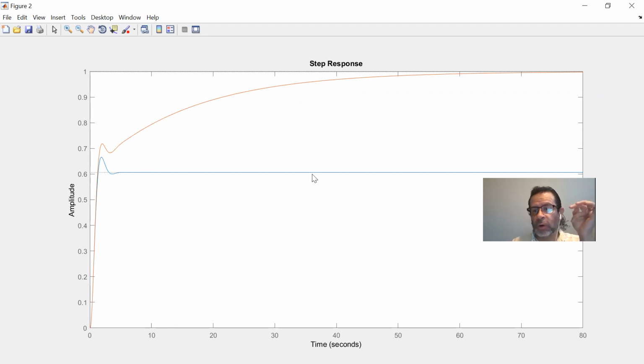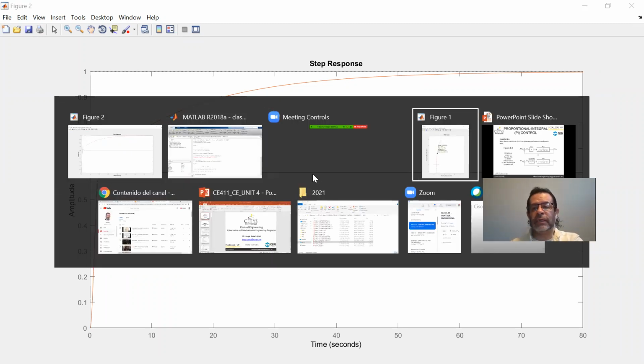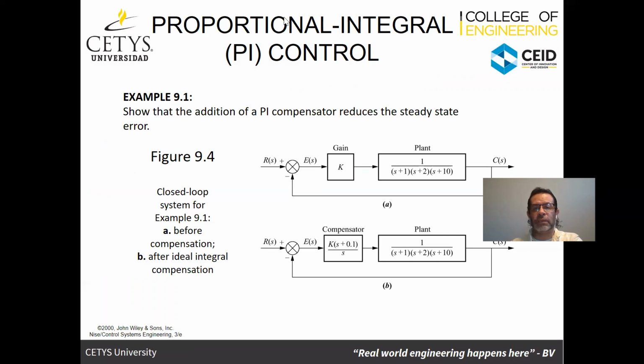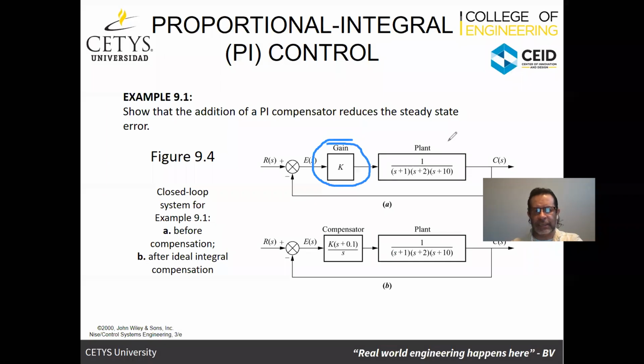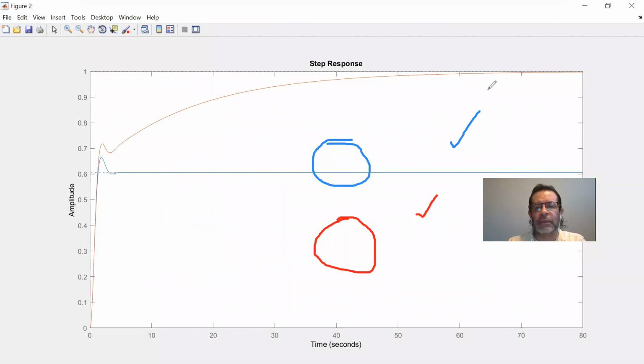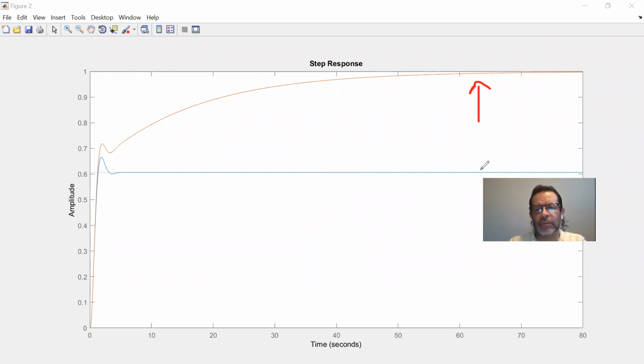So again, the blue one is the first system that doesn't have a compensation, or the only compensation that it has is the K. And the red one is the one where we're adding the proportional integral action. Notice that in the case of the blue one, the system has an error, and it's this gap that we see here.